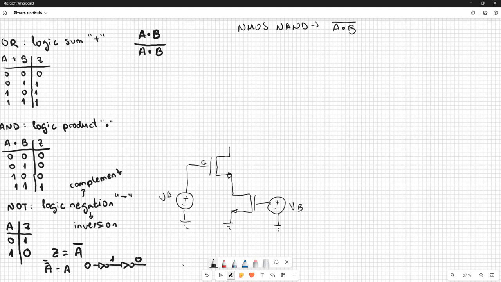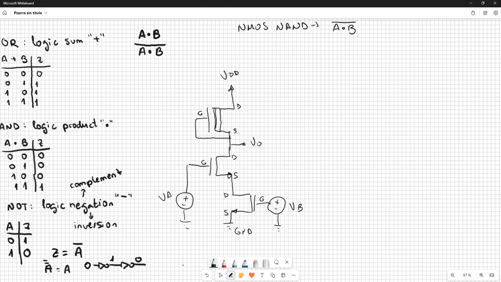This is the gate, the source, the drain, and in the load part, in an NMOS technology gate, we always have a depletion MOSFET, like this. This is gate, drain, source, supply voltage, and here we have the ground.